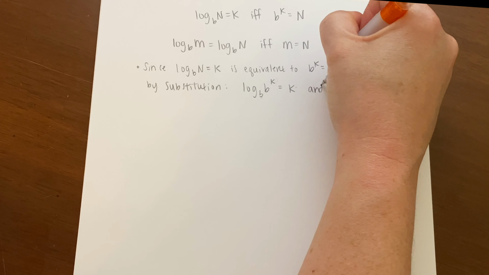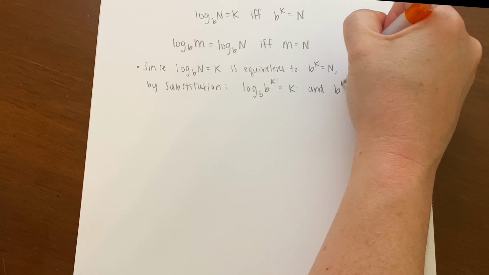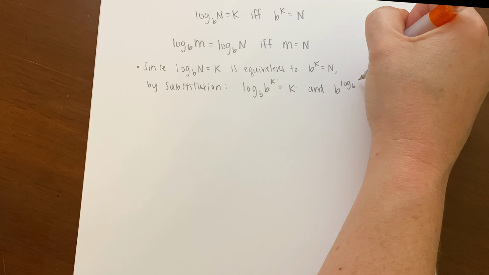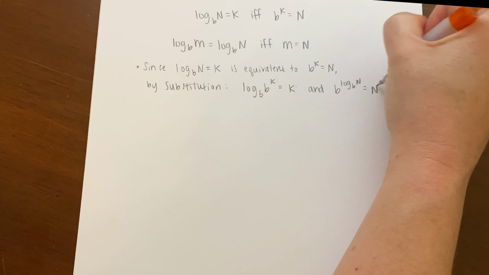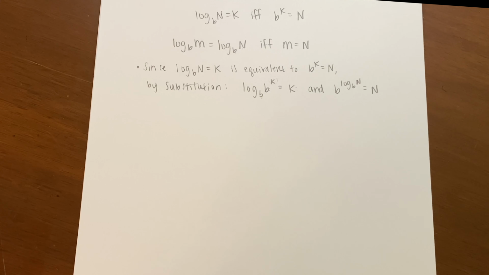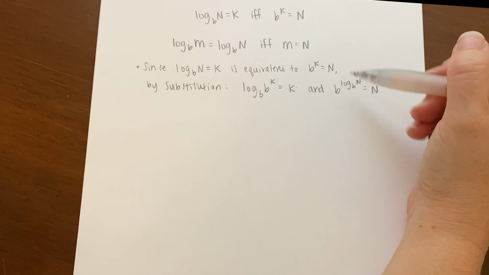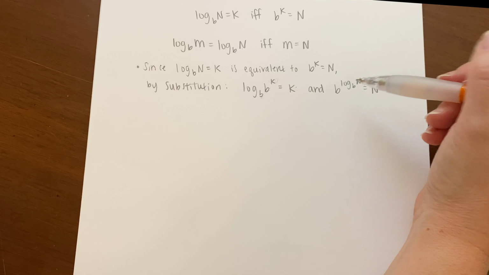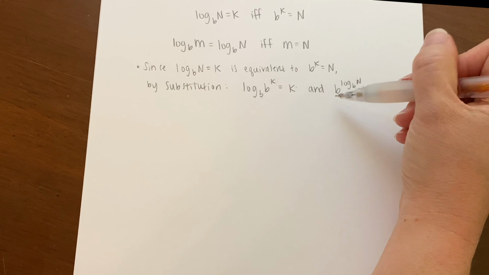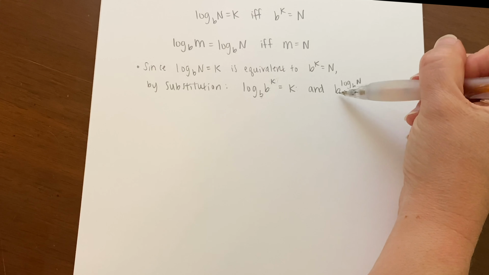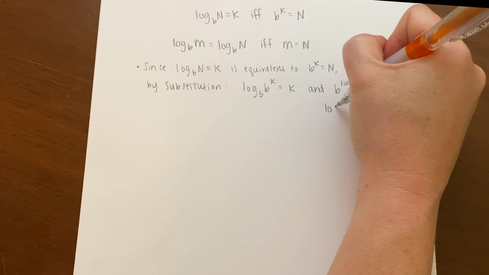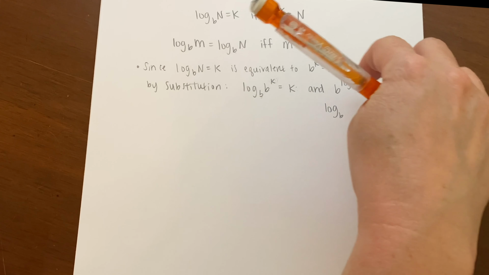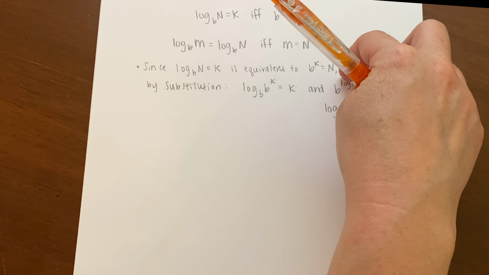By that same logic, b to the log base b of n equals n. So if we wrote this logarithmically, log base b of n equals log base b of n. You're just saying something equals itself. If you rewrote this in logarithmic form, you would keep the log, keep the base, and then this number switch places with the exponent.